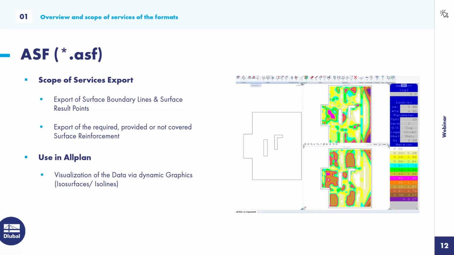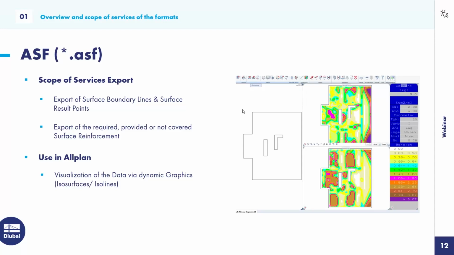And then you can read that ASF file in, for example, Allplan. There you get, let's say, dynamic graphics. These are basically the required reinforcements on the top or bottom side of the surface, and the colors represent different required As values.